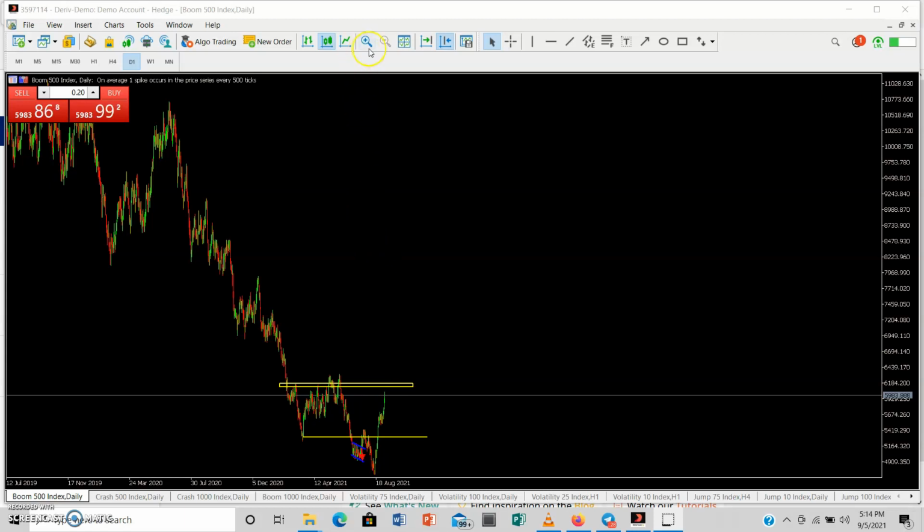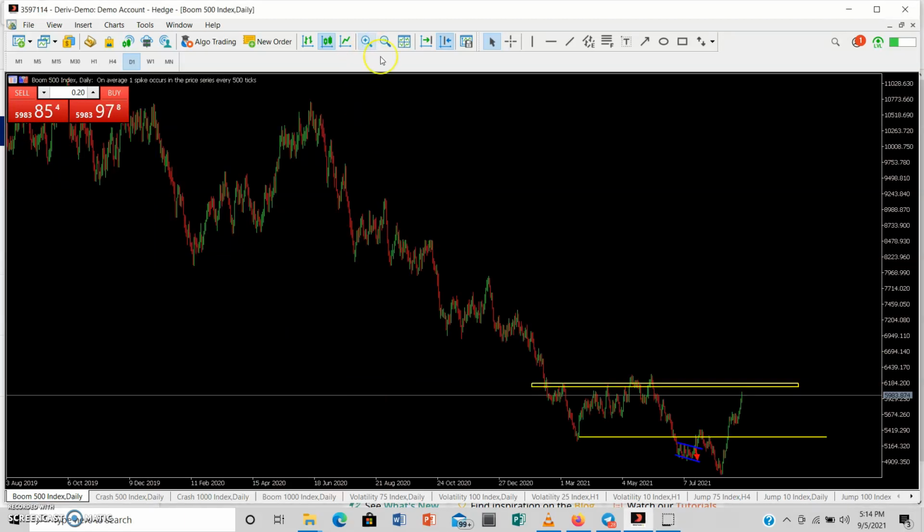Currently we're in the daily time frame, and you can see that the market is now in this previous level of consolidation that we had. So we had a break back into our consolidation level. I'll just highlight our previous low that we left all the way down there.